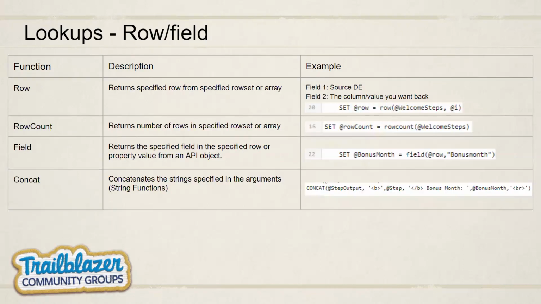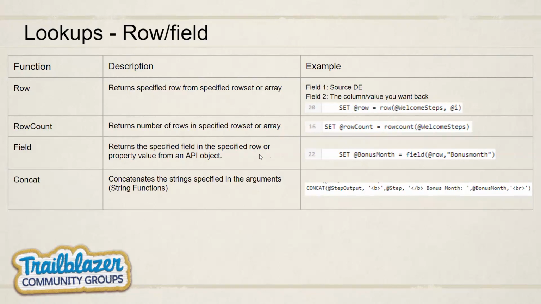There are some common functions that go along with these lookups that we'll be using as well. When you're creating a for loop, you'll be using all of these. Row gives you a specific row as you're looking to render multiple rows within your solution. Row count gives you the count of the rows returned from the lookup rows function.